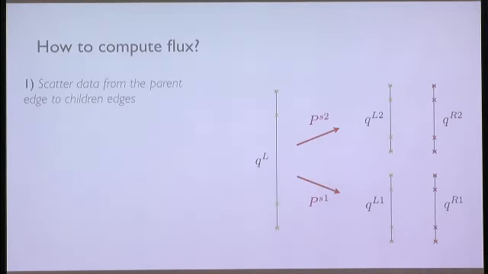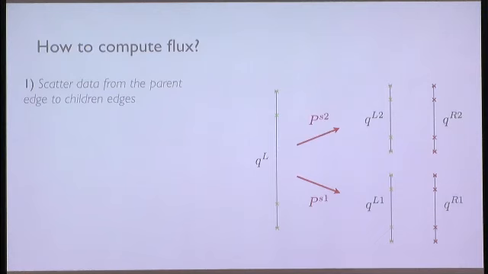Right. So let's imagine we do have what we want, namely the 2-to-1 ratio. And now the question is, how do we compute the flux for DG? So let's start with a variable, whatever variable we like, QL, on the left. We've got the same quantity, QR1 and QR2, on the right, on the children elements.